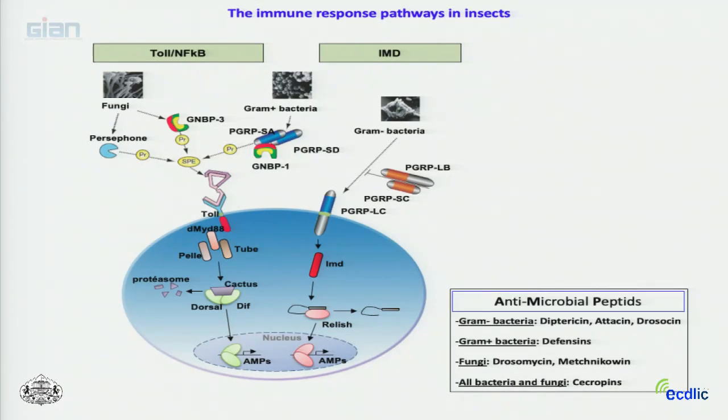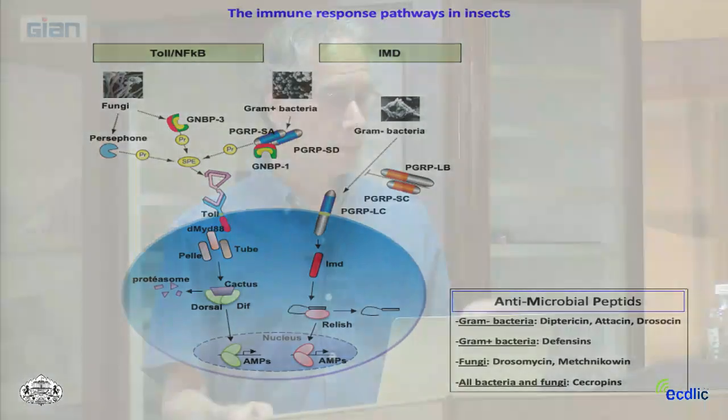I had a very pertinent question during the break about immune response pathways in insects, which are so beautifully described. I told you yesterday that a Nobel Prize was recently given because of the innate immune response pathways described in Drosophila by Jules Hoffmann, from which these toll-like receptor pathways in mammalian cells were then described.